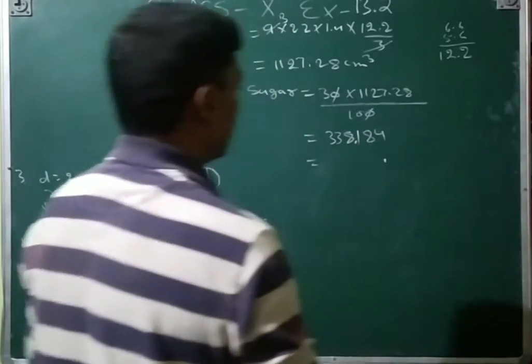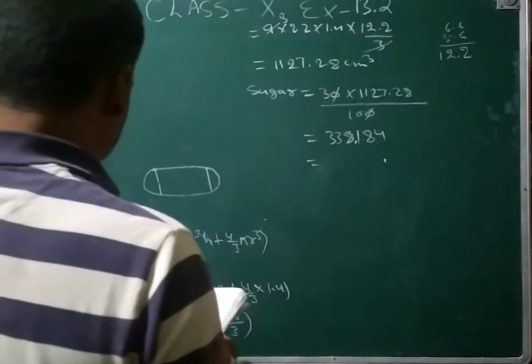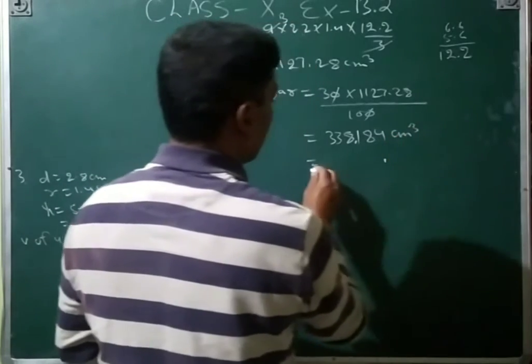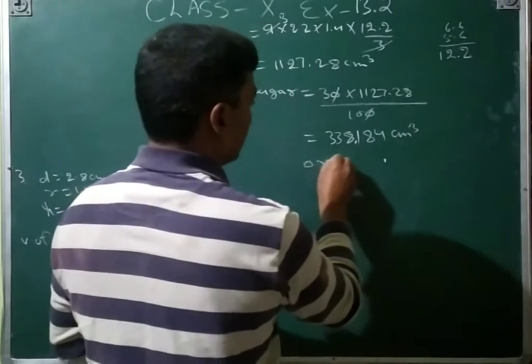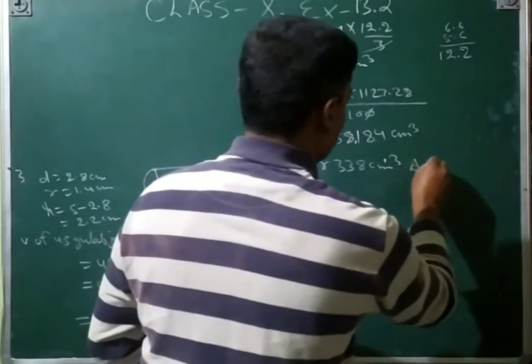So this is 338.184, the sugar in centimeter cube, or approximately you can also write 338 centimeter cube. This is the final answer.